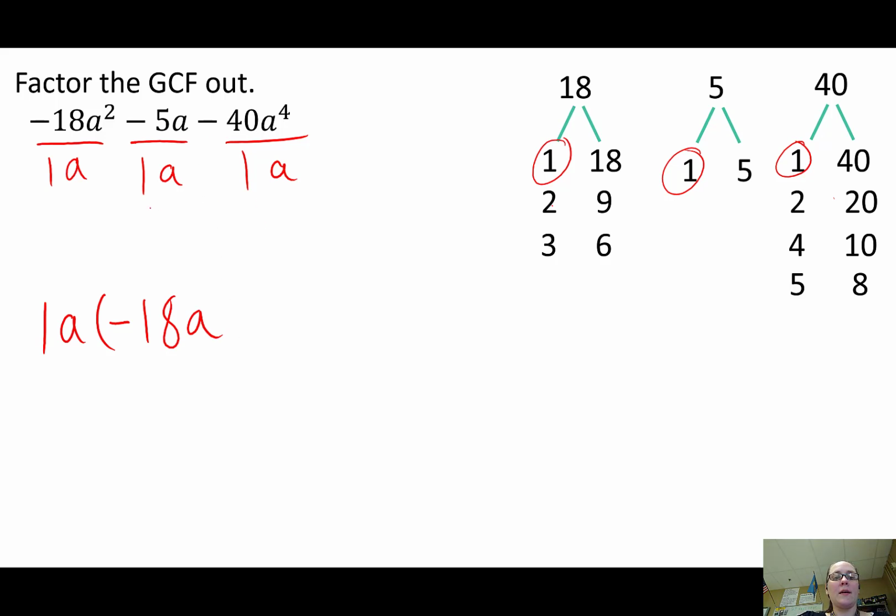Negative 5a divided by 1a gives me negative 5. Negative 40a to the fourth divided by 1a gives me negative 40a to the third.